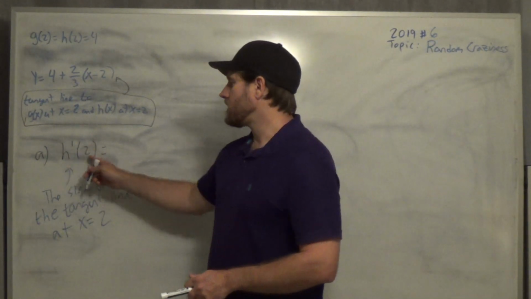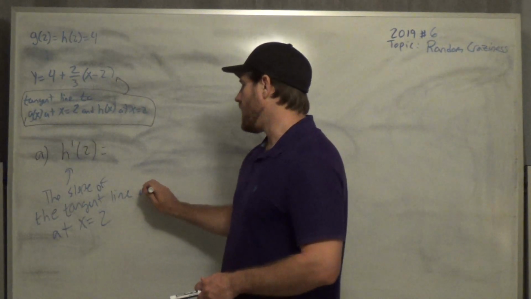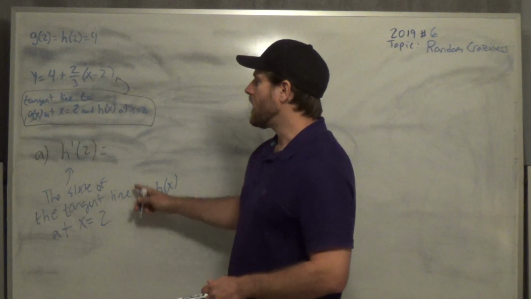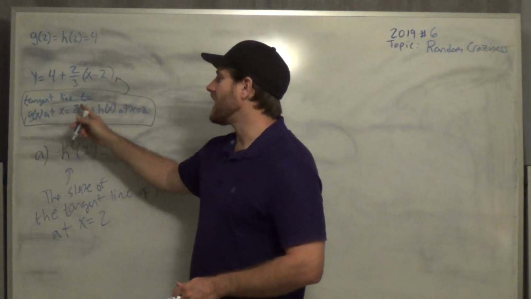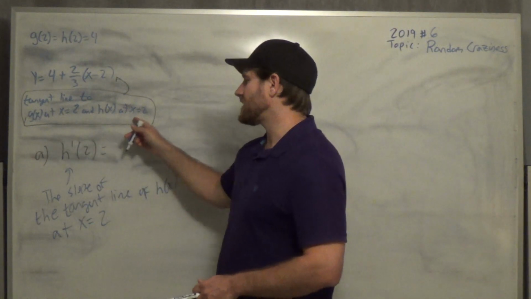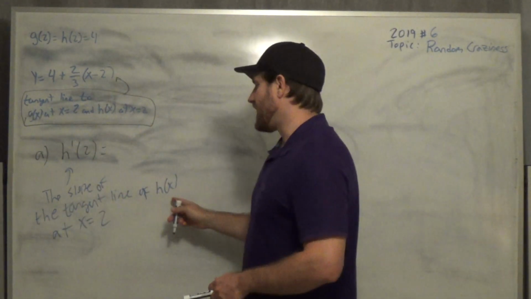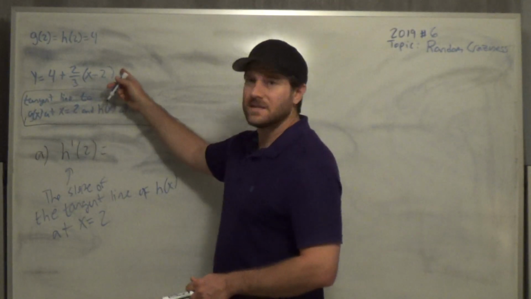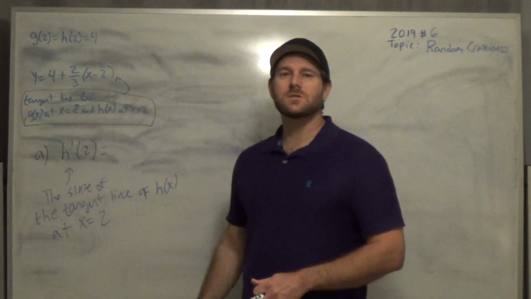So h prime 2 is the slope of the tangent line of h of x at x equals 2. Well, what is this? This is the tangent line to g of x and h of x at x equals 2. So we need the slope of the tangent line at x equals 2, and this right here is the tangent line. So folks, if this is a line, what's the slope?